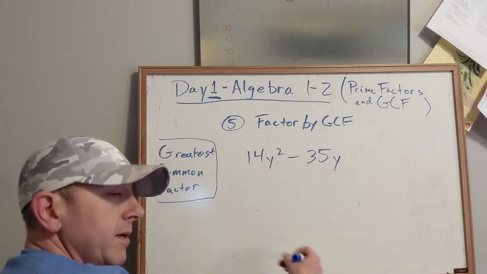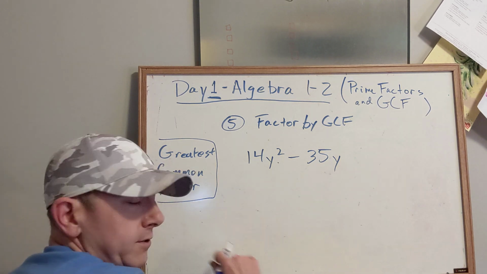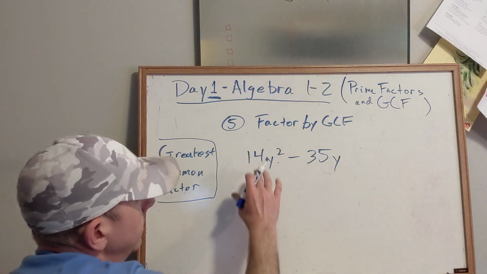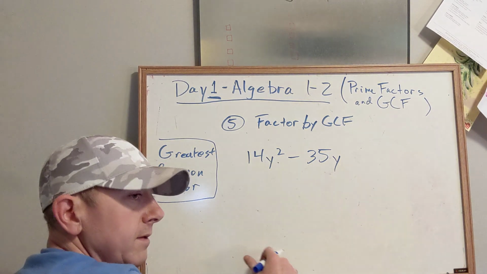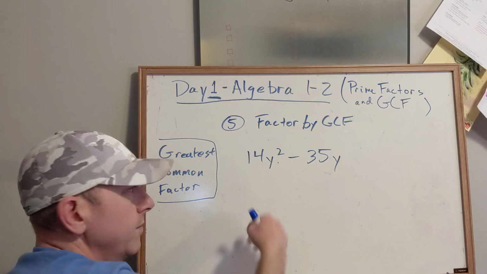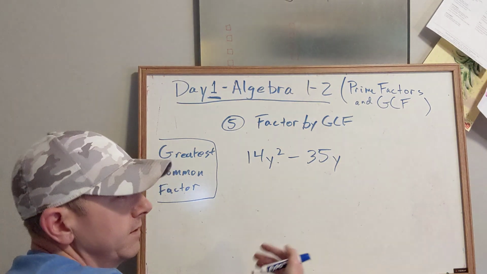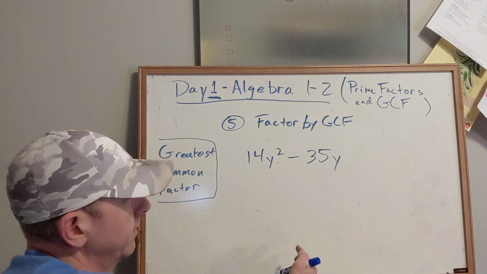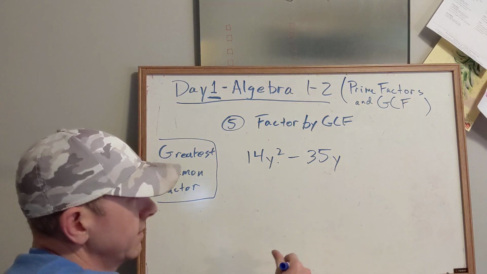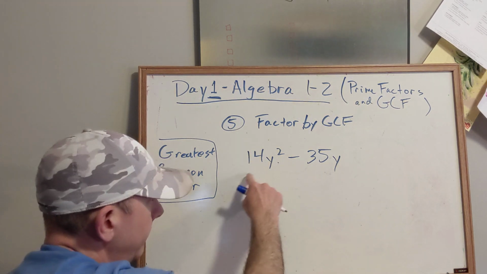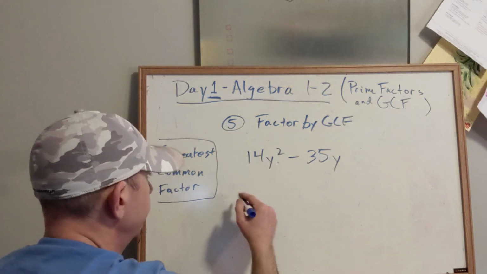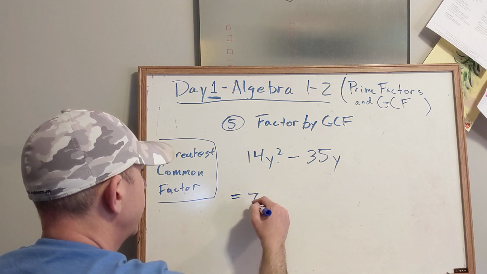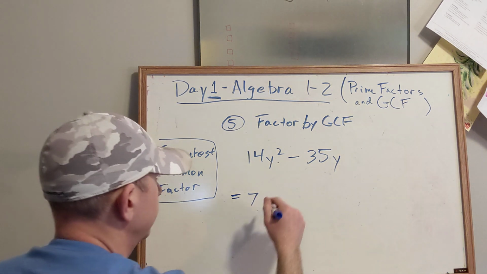The next best option, aside from making a factor tree, is if 14 doesn't work, the next highest factor of 14 would be half of it, especially if it's even. If it's only divisible by 3, then it would be whatever that number is divided by 3. But here, 14 is divisible by 7. So does 7 go into 35? Yes, it does. So that's one way of thinking to figure this out. You can always go back to the factor tree.